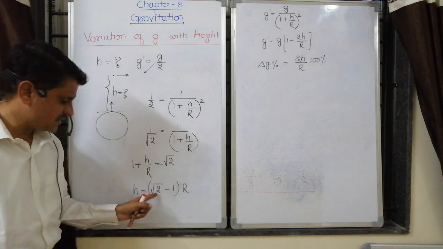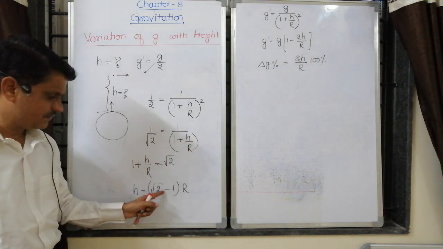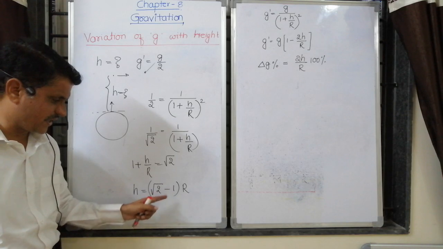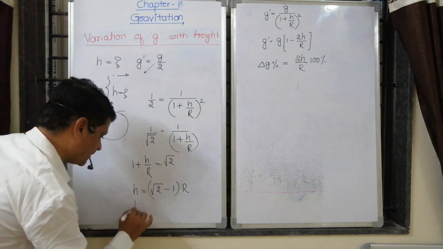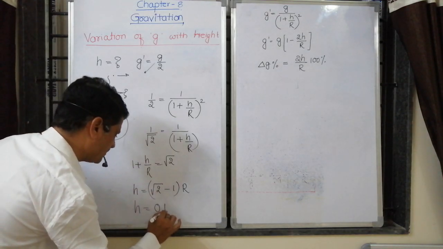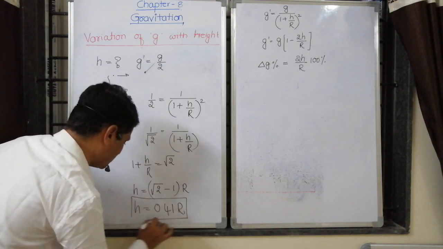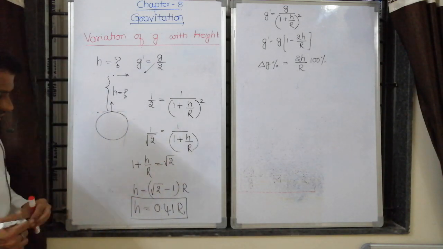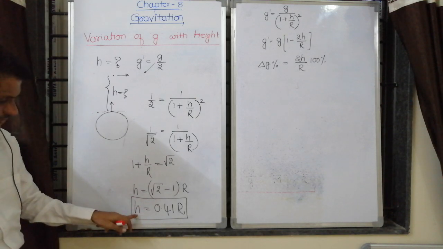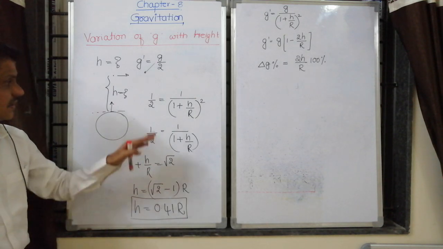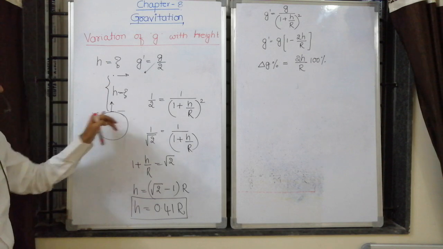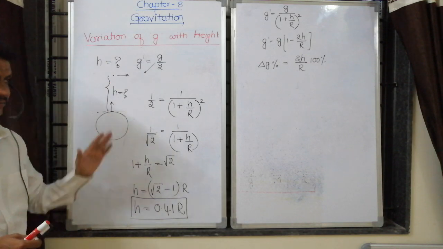Root 2 means 1.41, minus 1 means 0.41 into r. So, h is equal to 0.41 into radius of the earth. That is the height at which g becomes half of the g on the surface of the earth.